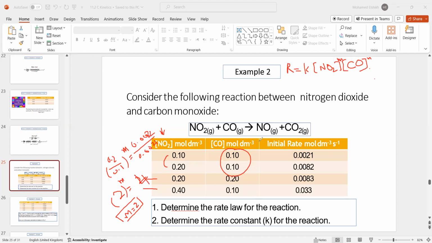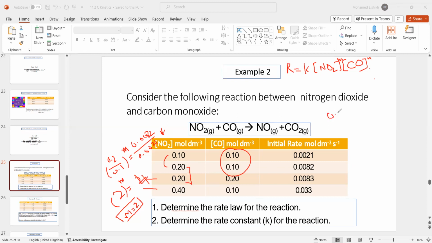The next thing is I want to determine the n value. I have to choose two rows where the concentration of the NO2 is fixed, so I can determine the effect of the concentration of CO. These are the second and the third rows. Let's see.